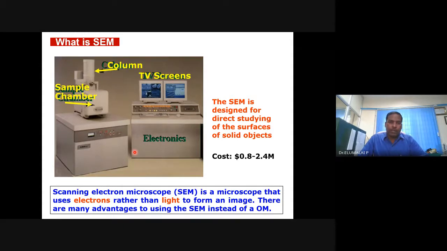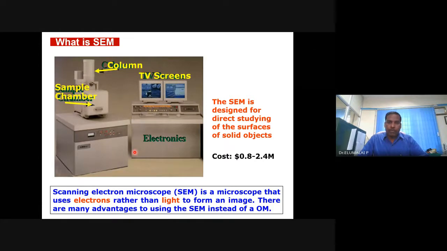Then look at the surface to see what happens when the high energy electron is interacting with the surface. And if you are able to get information in terms of intensity, that is what the scanning electron microscope does.